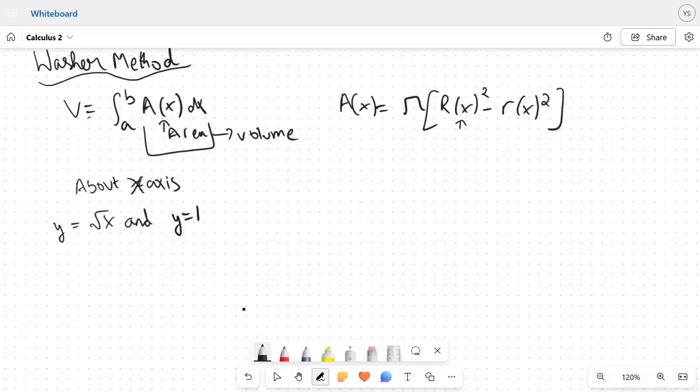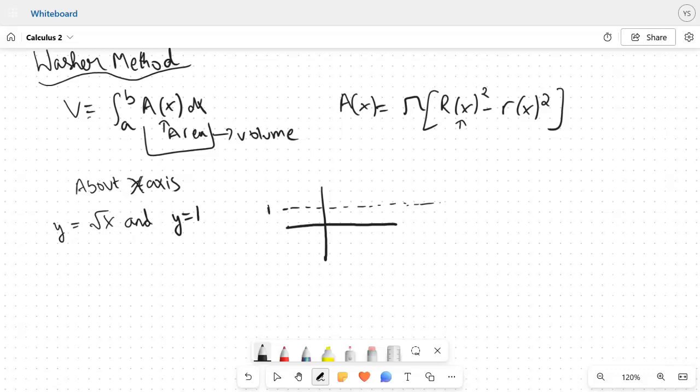So about the x-axis, yes, but what about the line y equals 1? Let's draw it to see what this actually looks like. So y equals 1 is going to be this line.